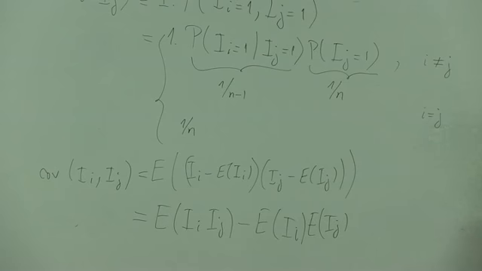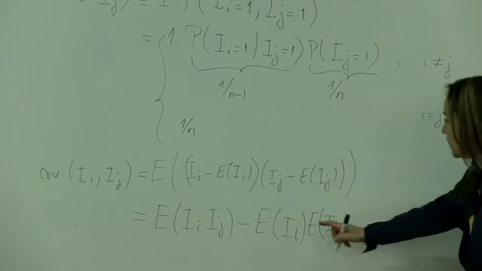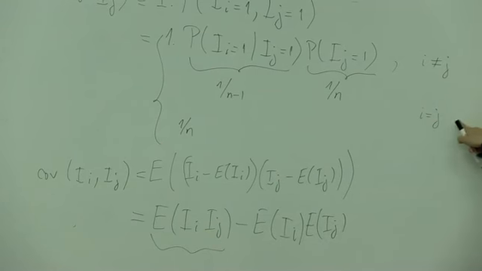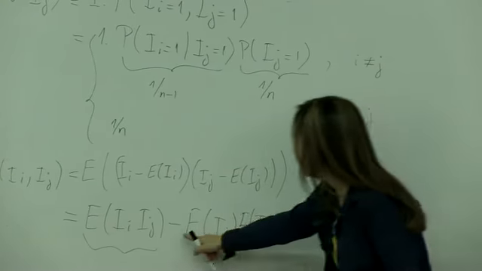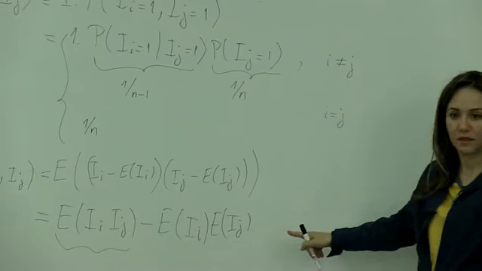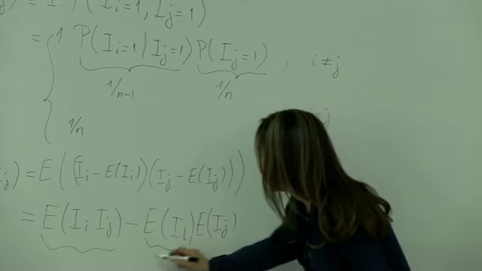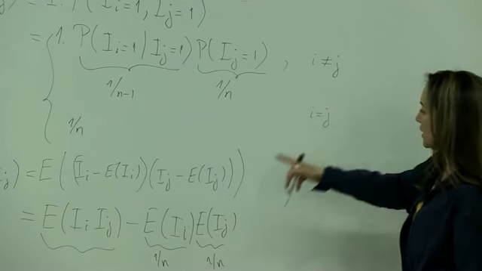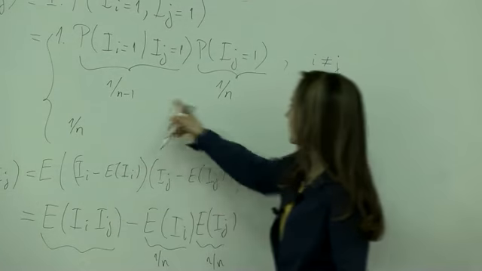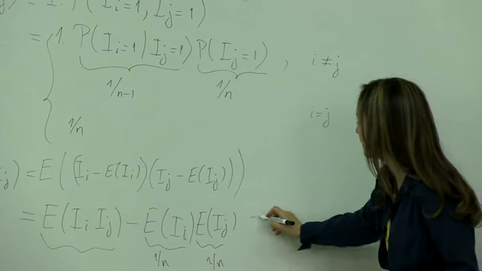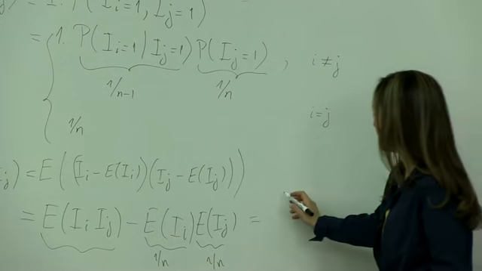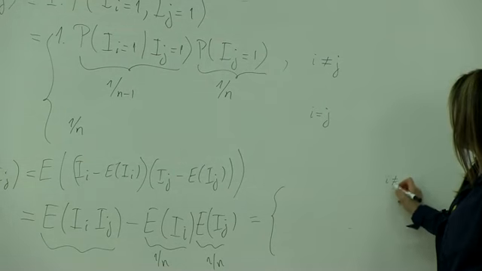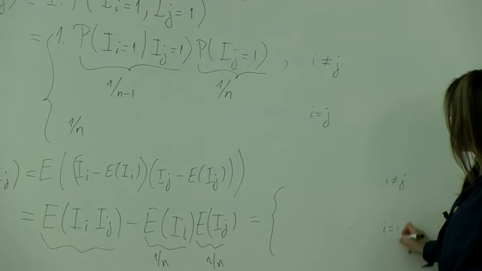So let's compute what exactly it is. Well, first we need the expectation of the product, which we do have from here. We have this as 1 over n, and this is 1 over n. Expected I_j is this. Okay, so I can simply write down this covariance when i is not equal to j and when i is equal to j.